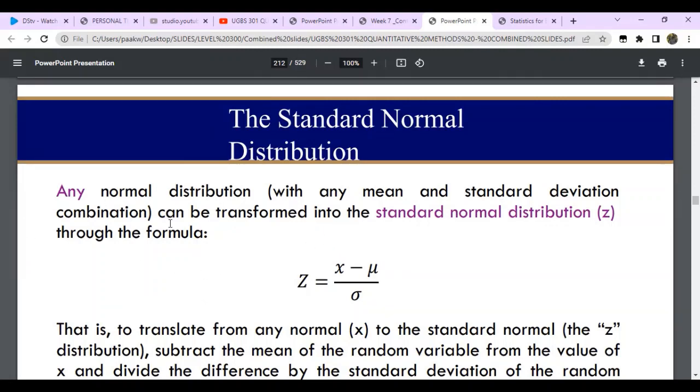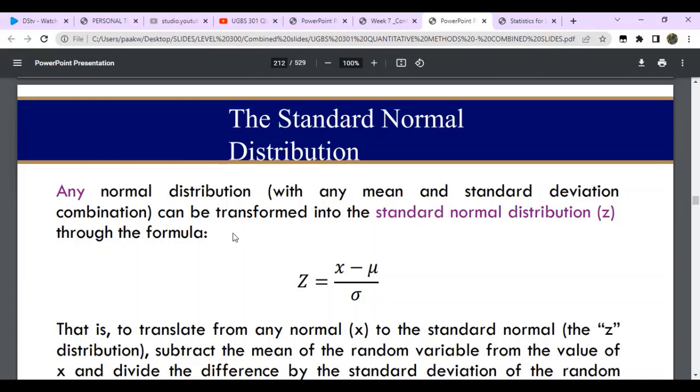By converting normal distribution into standard normal distribution, or converting X values into Z values, that's what we call standardization. The table was given to us by the Z table, the Z distribution.